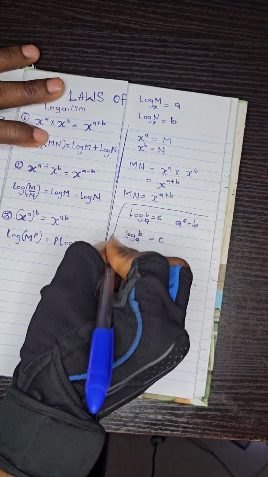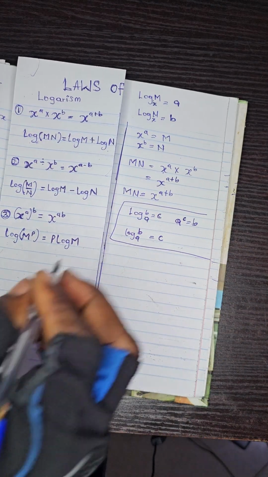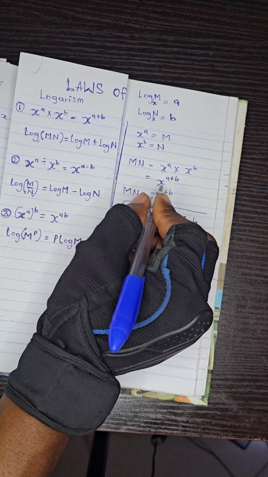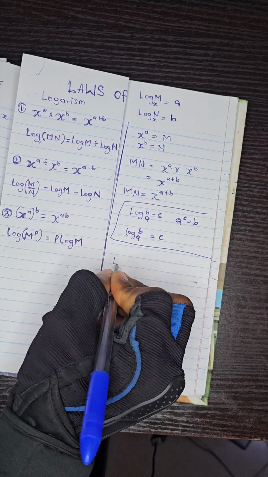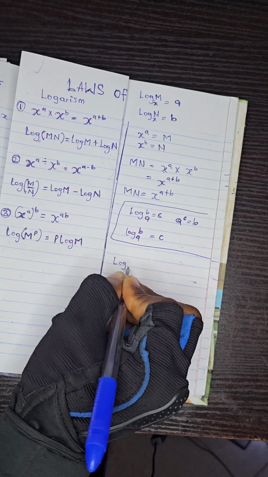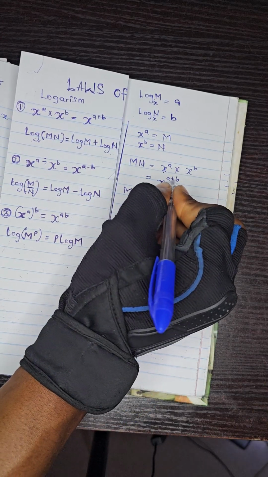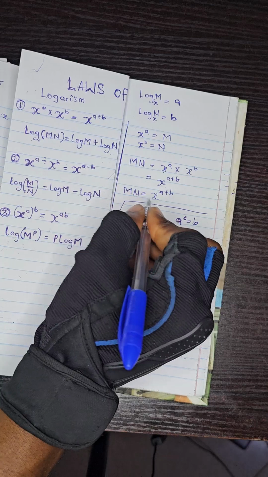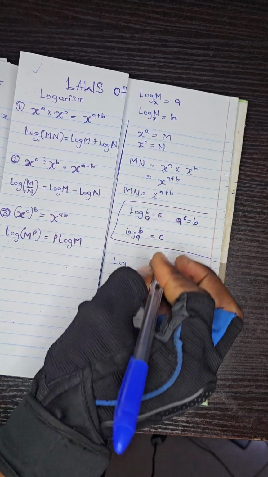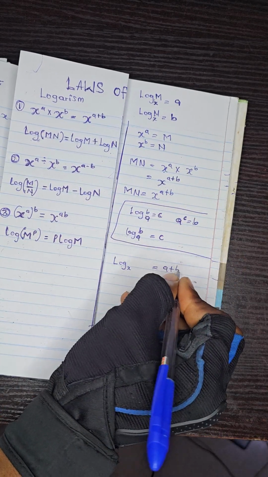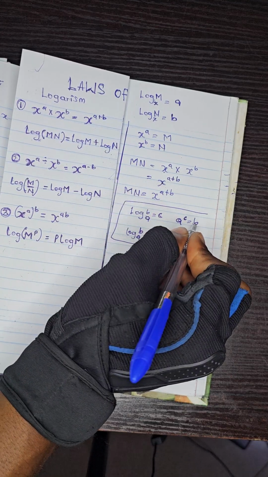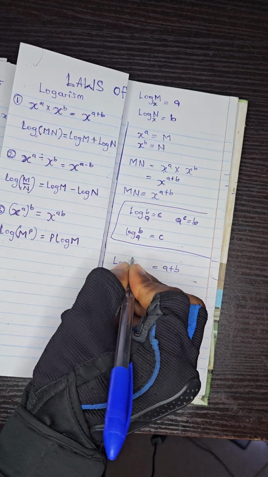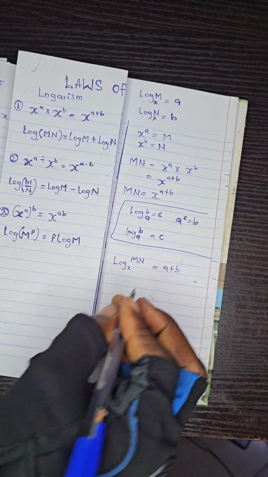So let me mark this out. Here, if we were to convert this back to logarithm, this x will be the base. So I'll have something like log x. Okay, sorry, this is what I'm looking for. The x will be the base, and the indices will be the answer, which is a plus b. What we are looking for the logarithm of here is mn.